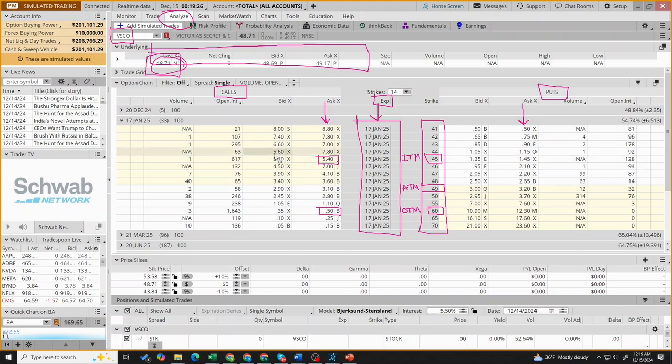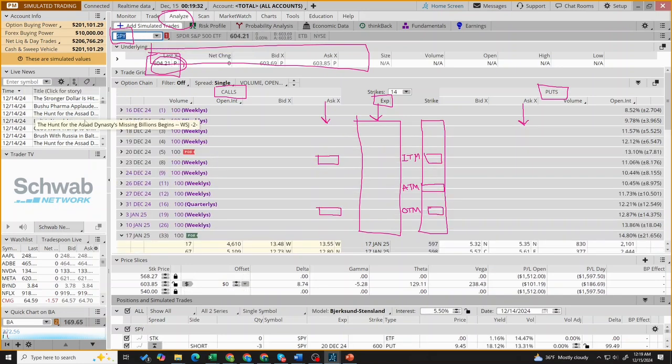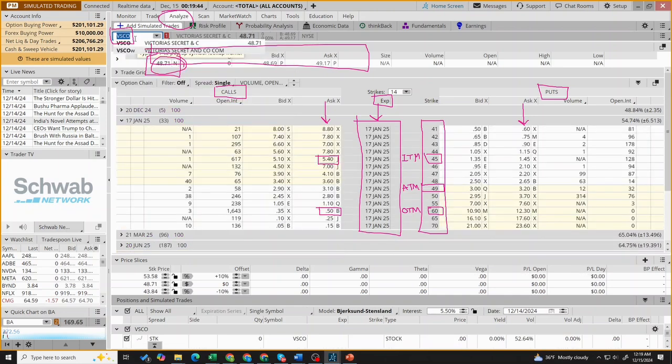But just to quickly get a sense of what you would see, let me come here to the SPY, and you can see all these purple are weeklies. This one has a lot more. Why? Well, because it trades a lot. One of the things we're going to get to later on in this course is liquidity. This Victoria's Secret is not very liquid, but it's liquid enough. So we'll talk about that.